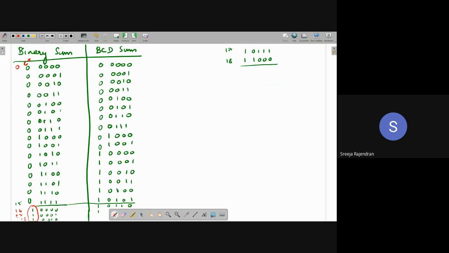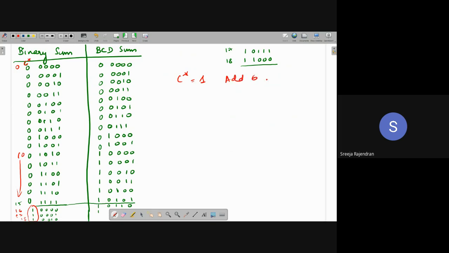I need to add that 6 because 16, 17, 18 are numbers I have to add for more numbers. After 9, from here I have to add 10 onwards. But distinctly by looking at the truth table, I can say that for 16, 17, and 18, the C star is 1. So the moment C star is 1, I can understand that I have to do the correction. I have to add a 6. So that is one condition.